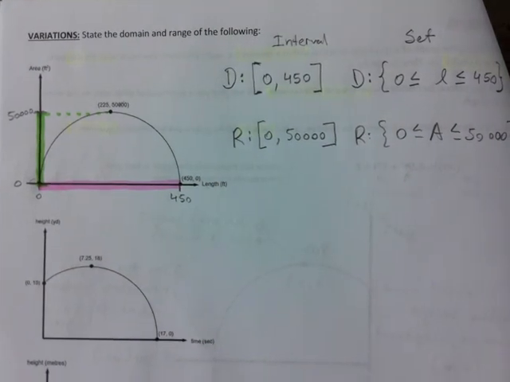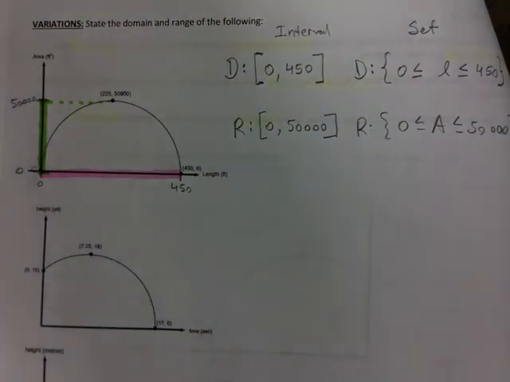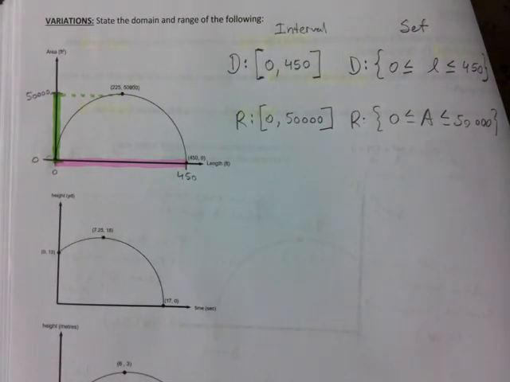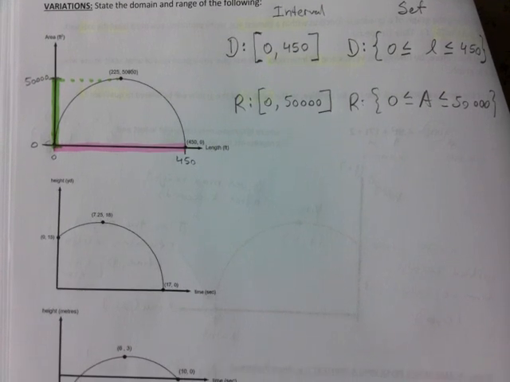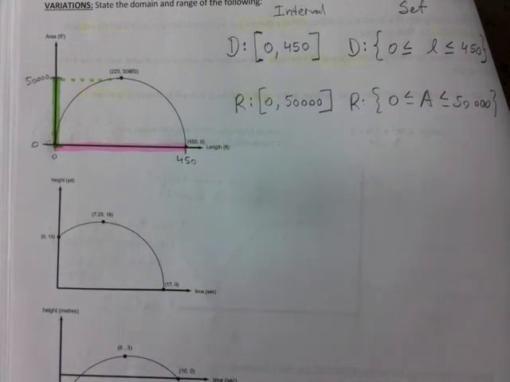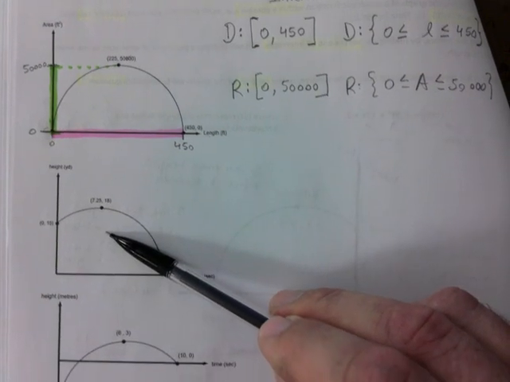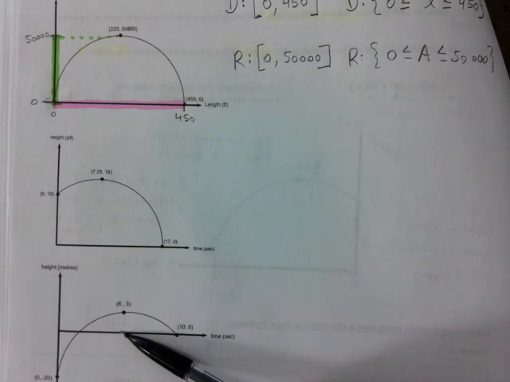I want to give you at least one chance to do this. I want you to use both notations for, let's try just this one right here. And if you have time, you do this one as well.